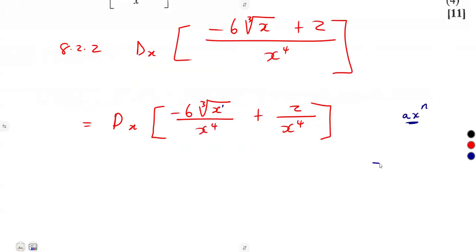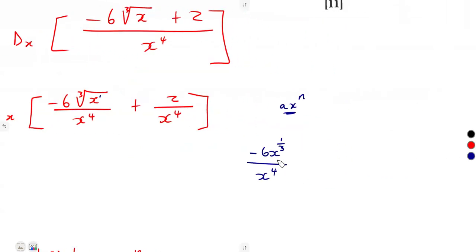So it was the same as minus 6 x to the exponent of 1 over 3, but everything is over x to the exponent of 4. So we're back now to the laws of exponents. Same base, x and x. We are going to subtract our exponent since it's a division.